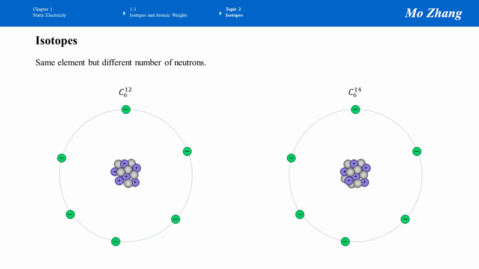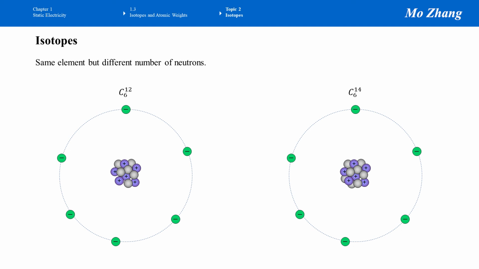The reason is it's heavier and bulky, so it's less stable than carbon 12. Carbon 14 is going to lose those extra neutrons and become a more stable state, which is carbon 12.